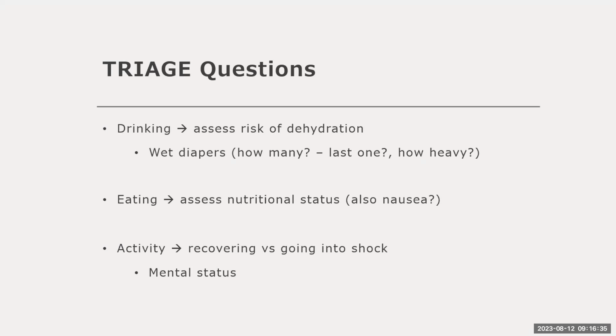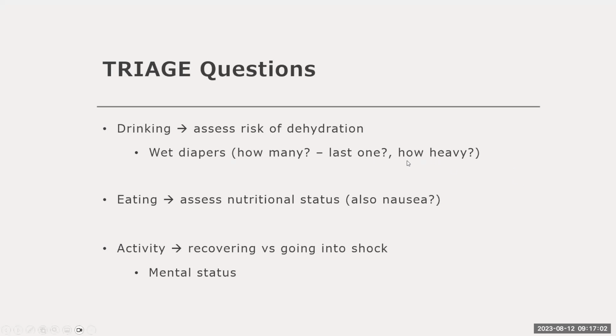When was the last time they were able to take the full bottle? And especially for those who are not toilet trained, I ask how many wet diapers the baby has been having, because that is a good way to judge the risk for dehydration. If you have a baby who has not had any wet diapers for more than 8 hours, that is a very concerning sign for dehydration.